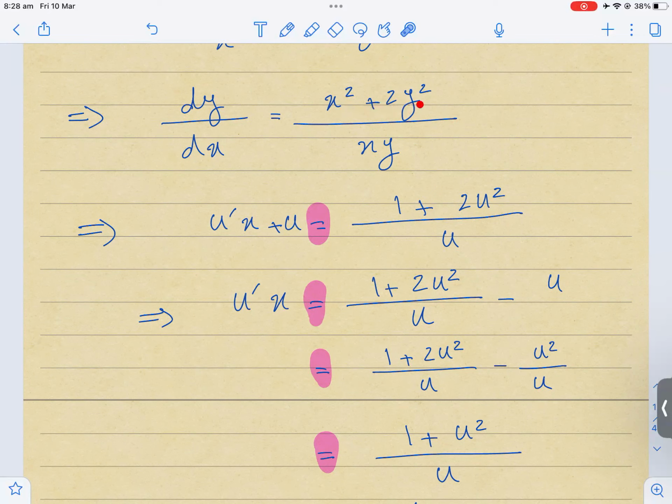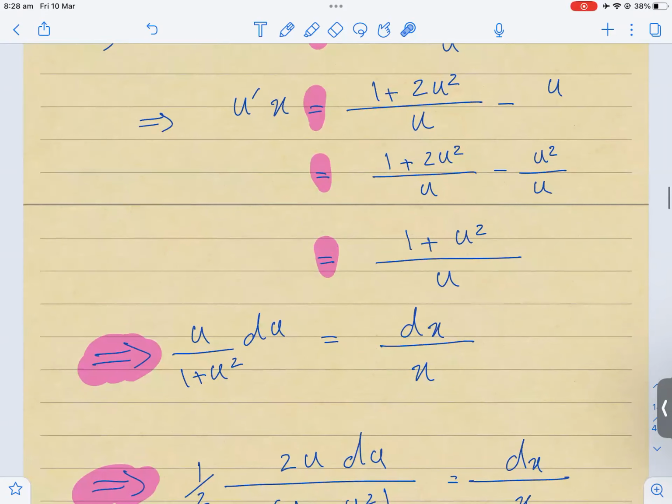Then I will factorize x squared, so x squared comes outside. And instead of this y, I can write ux, so there will be another x squared here. I can simplify and get this fraction. So I can move this u to here, do some simplification, and u prime x will be equal to 1 plus u squared over u.